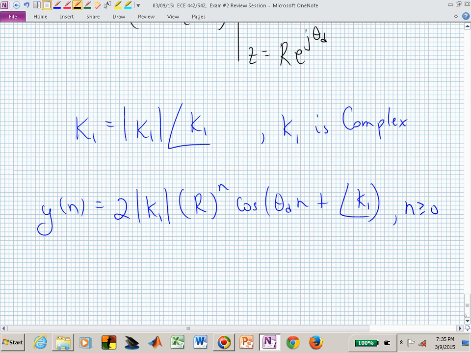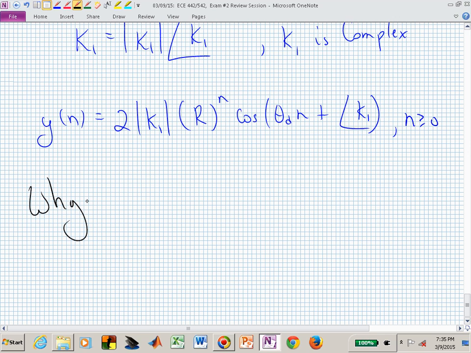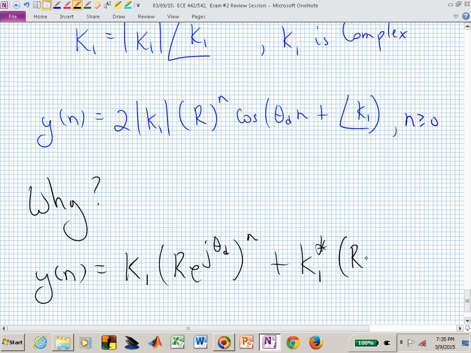And the reason why we could immediately write down this time domain expression for y of n is, if we don't understand where this came from, we could say, oh, it's K1 times the root to the nth power, or the mode, and the mode was r e to the j theta sub d to the n for the K1, and for the complex conjugate of K1, it was the other mode, r e to the minus j theta sub d to the n.